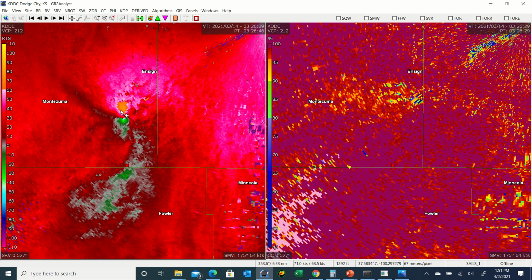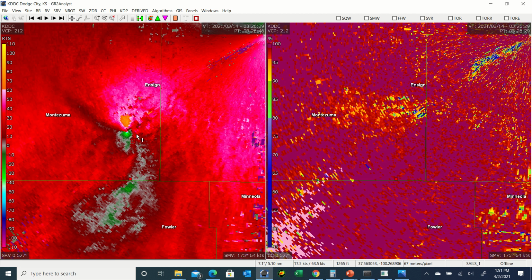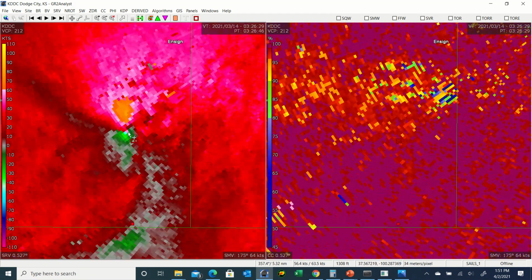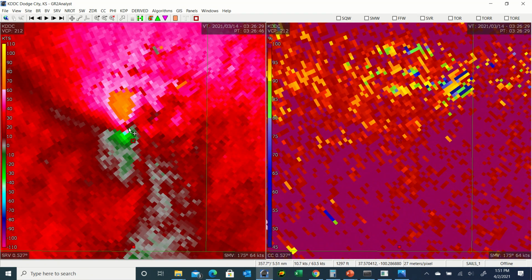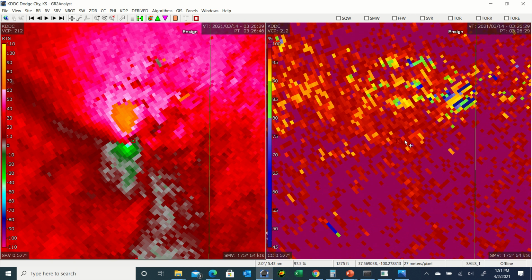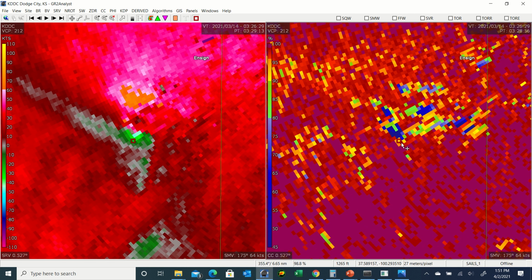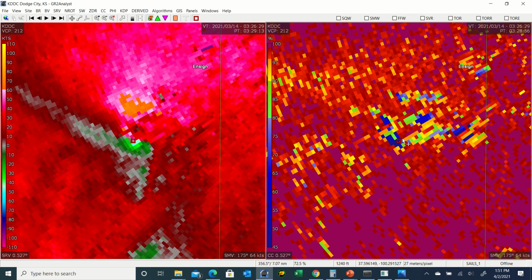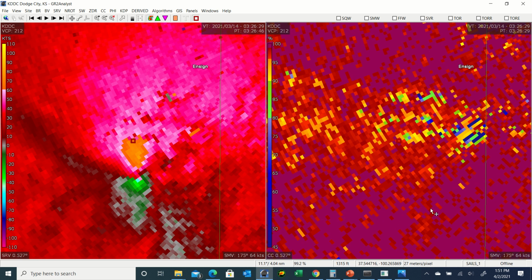Now I'll just go 2 more scans. The benefit of SAILS mode, we're getting a pretty fast return here every 2 minutes, and now there's an obvious couplet, so hopefully that's obvious. But again, debris doesn't look like it. If I go one more, I think this actually is debris here, just going from the 2 scans like that.